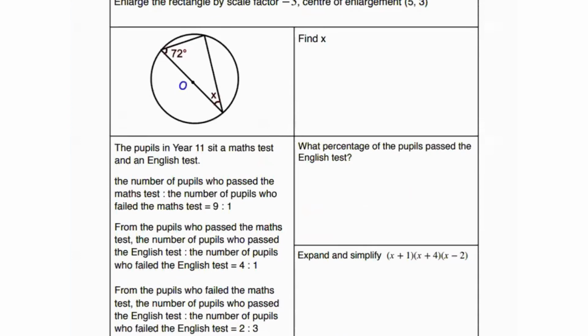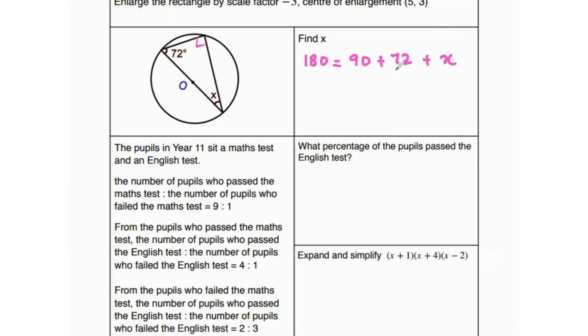And the next question says find x. So if you remember the circle theorems, one of the circle theorems is that your angle coming out from the diameter, or from the semicircle, and going towards the circumference is always going to be 90, which means we do 180 equals 90 plus 72 plus x.